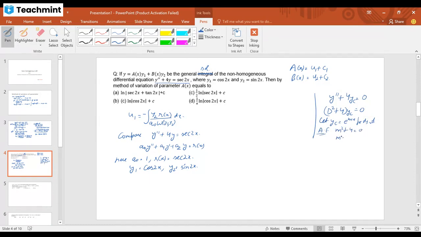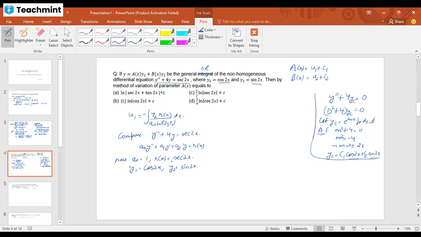So m square is minus 4, and m comes out to be plus minus 2i. So the real part is 0 and the imaginary part is 2. Its solution will be c1 cos 2x plus c2 sin 2x. So y1 is cos 2x and y2 is sin 2x. They are the linearly independent solutions of the homogeneous differential equation.